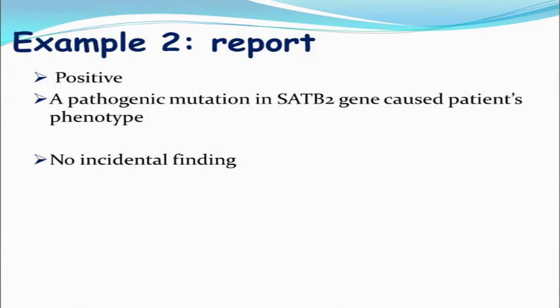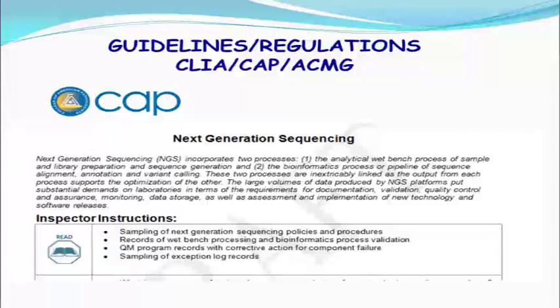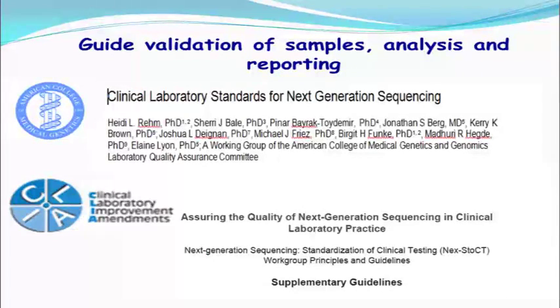Before I finish the presentation, I will give you a little information about regulation and assay validation. Since next generation sequencing has been used in the clinical laboratory, the CAP has developed the CAP checklist for next generation sequencing.